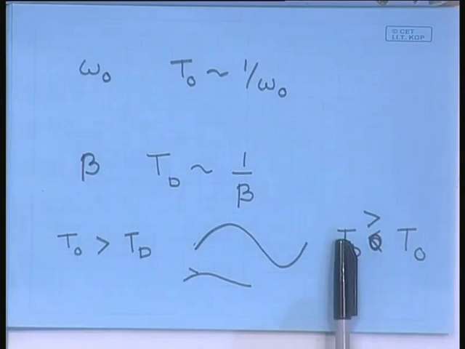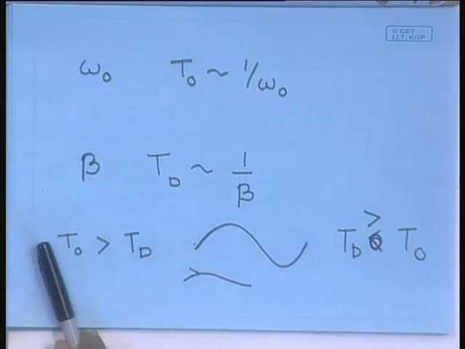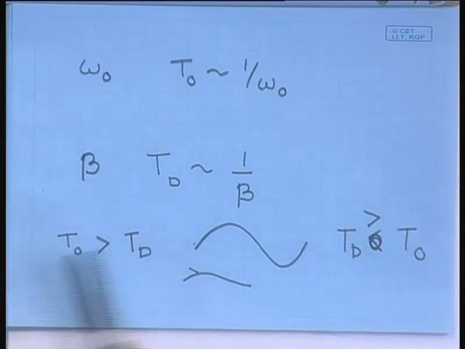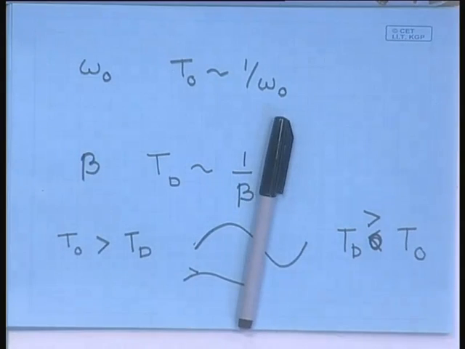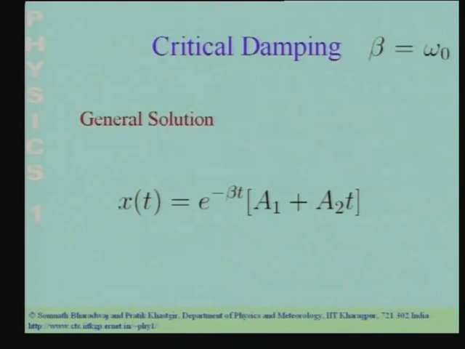Okay, so the damping time scale, if it is larger, then you will see the oscillations. The situation where these two time scales are equal is what is called critical damping. So, critical damping is when the damping coefficient beta is equal to the angular frequency omega naught.